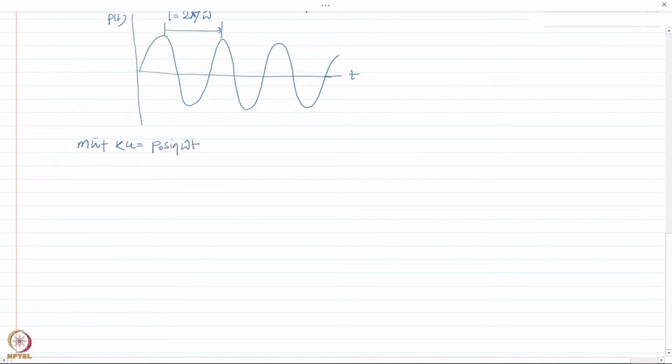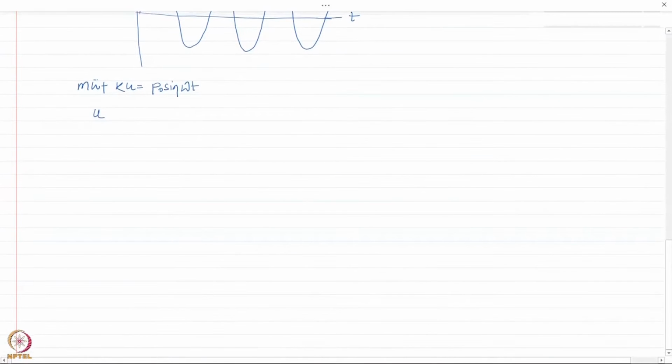And now I need to solve this differential equation. So we are going to employ the same techniques that we have used in previous chapters to solve this second order linear differential equation. How did we solve it? We said that the total response can be represented as the sum of a particular solution and a complementary solution.